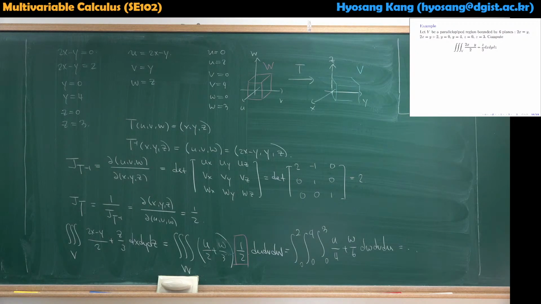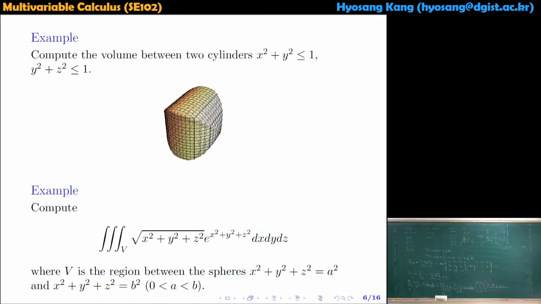Let's look at a more complicated example. Here we have the volume of a region bounded by two cylinders. One cylinder is along the z-axis, and the other is along the x-axis.